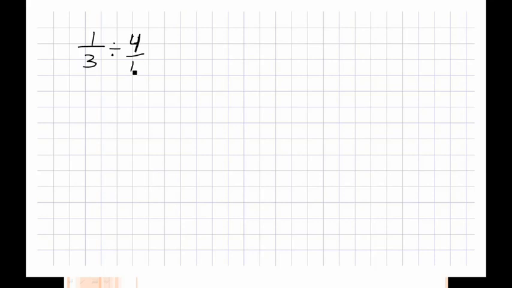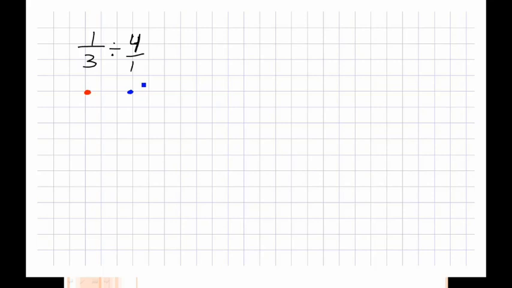The first thing we need to know how to do is how long to make our number line. Well, this is how we determine how long to make the number line. Look at both of your fractions. Here we have a dividend of 1/3. And here we have a divisor of 4. 4 is the largest number that we have here.